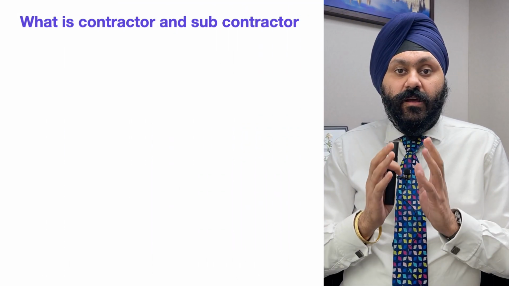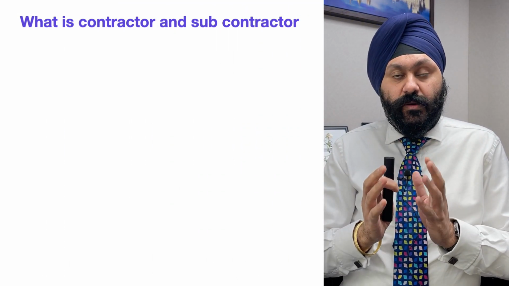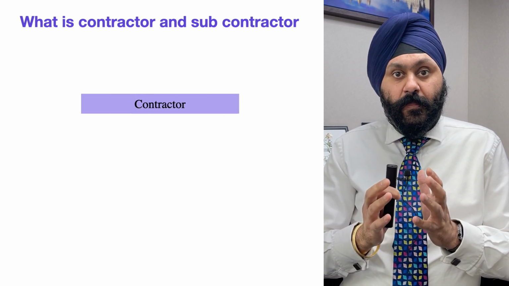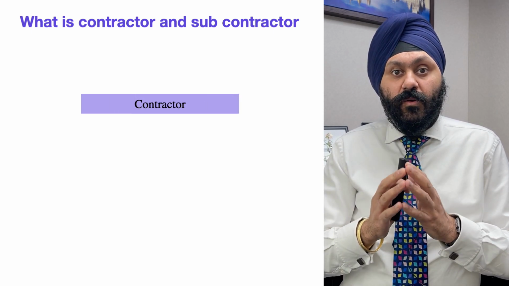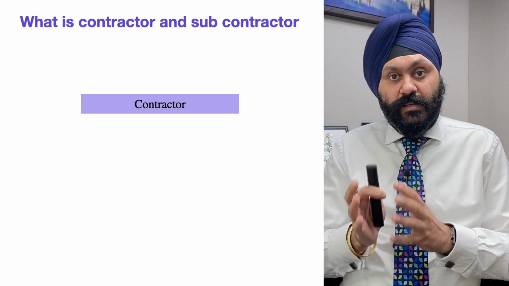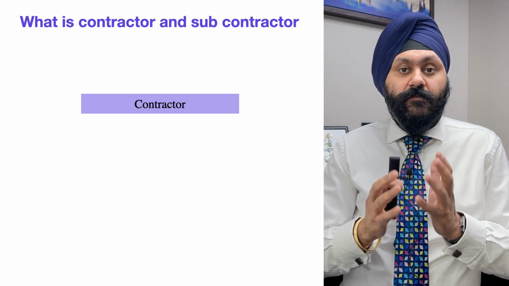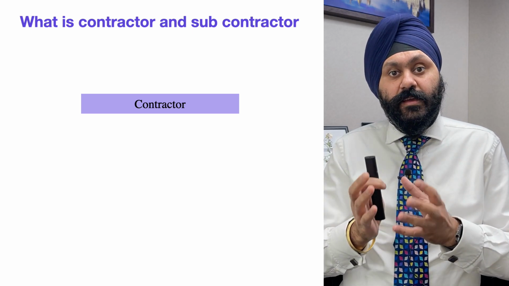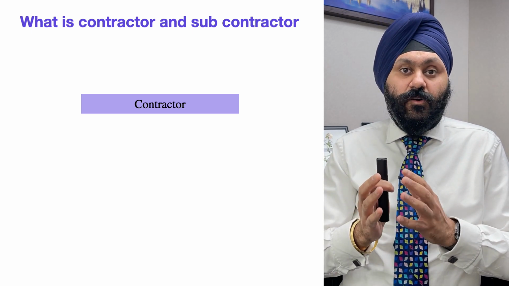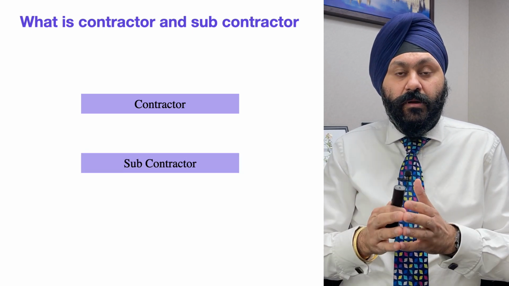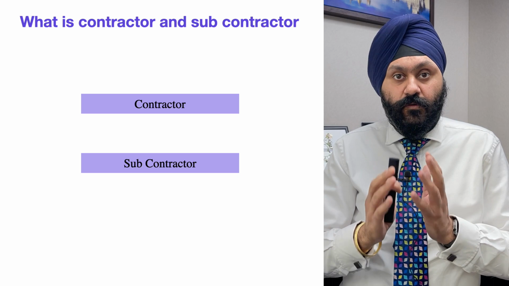Let's understand what is a contractor and subcontractor. A contractor is a person who takes the services of a subcontractor. For example, a builder will be a contractor if he is taking the services of a subcontractor like an electrician, plumber, decorator, skimmer, or roofer.